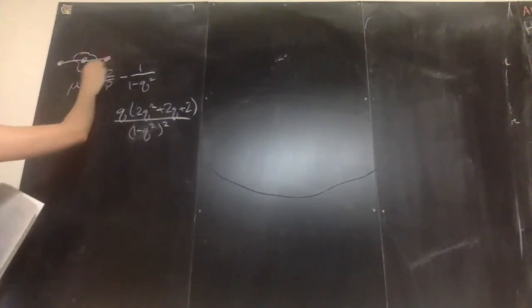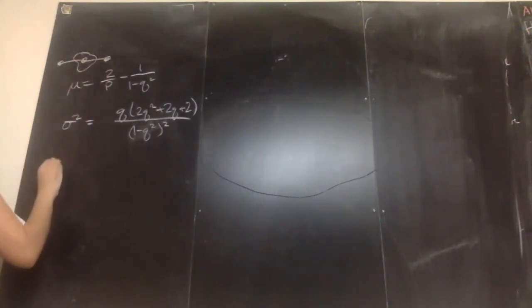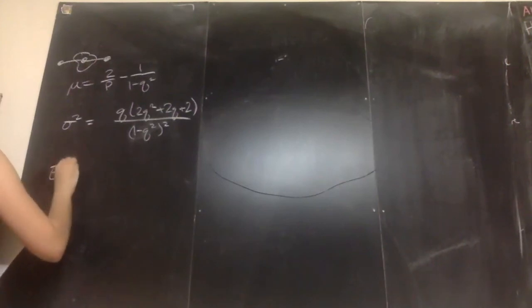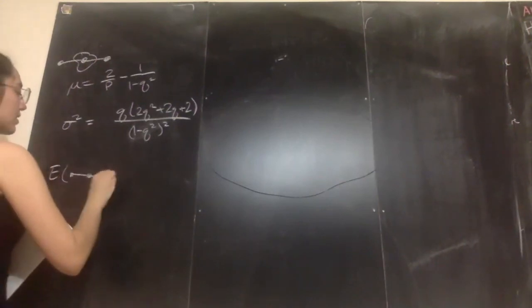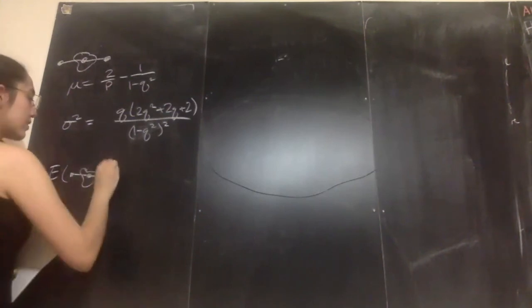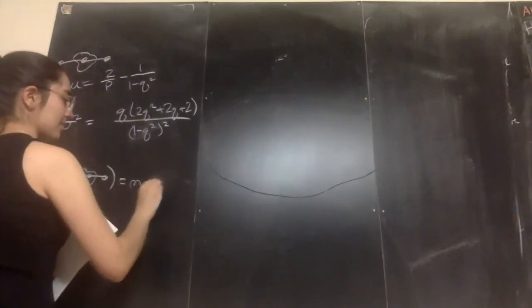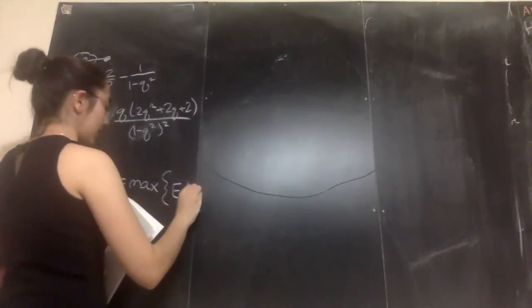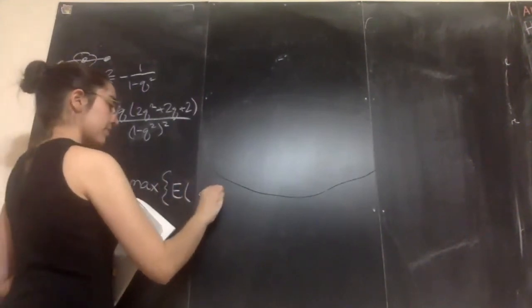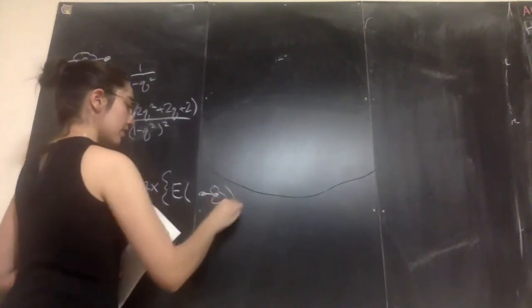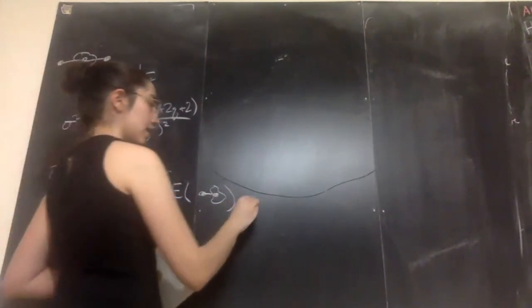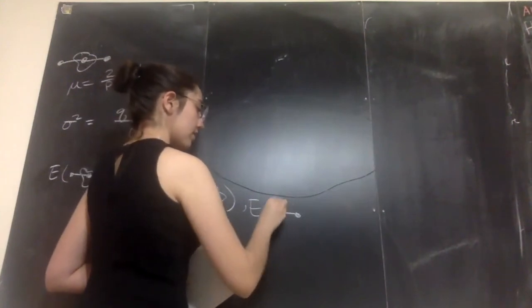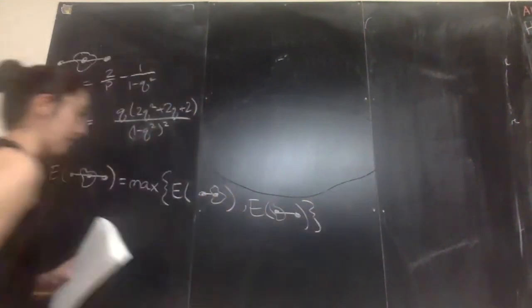And this graph's expected value is going to be the maximum of the expected value of one side and the other side.